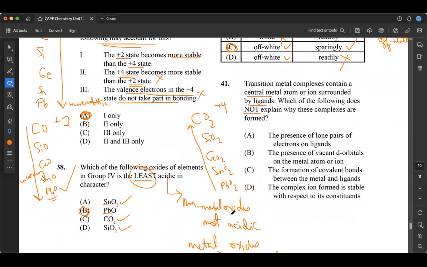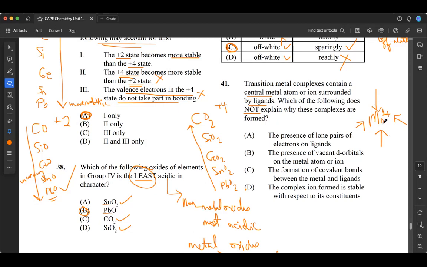41 says that transition metal complexes contain a central metal atom or an ion that's surrounded by ligands, right? So for example, say I have my manganese 2+, and I have that being surrounded by these ligands, right? So my ligands are going to be giving it electrons to form a dative covalent bond.